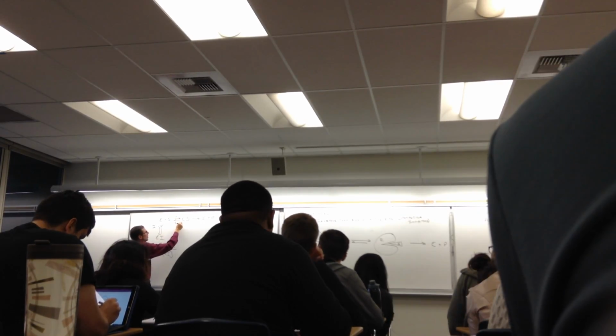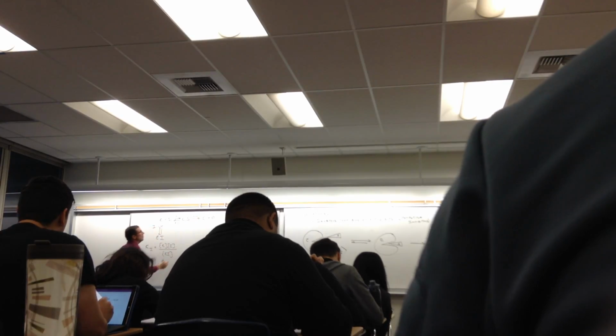Now remember our Km equals k cat plus k minus 1 over k1, and when we make the assumption that k cat is much less than k minus 1, it equals k minus 1 over k1, which basically means it more or less equals the dissociation constant.